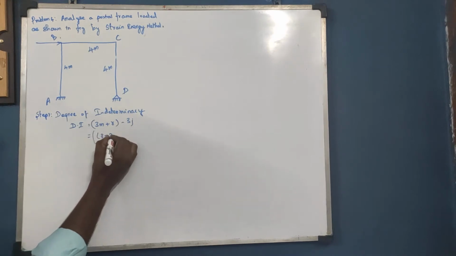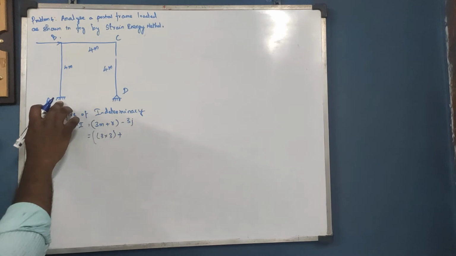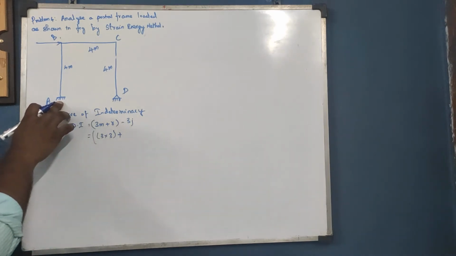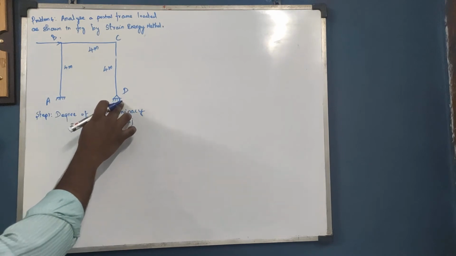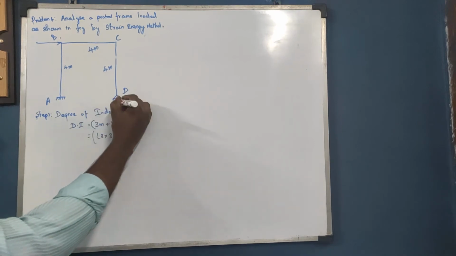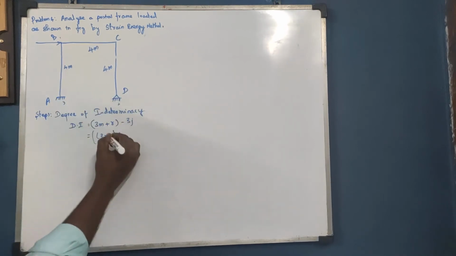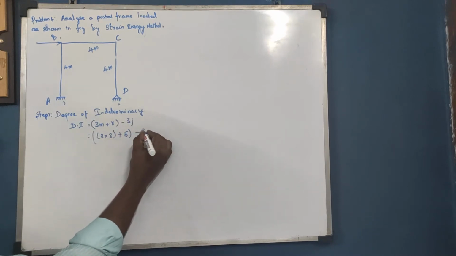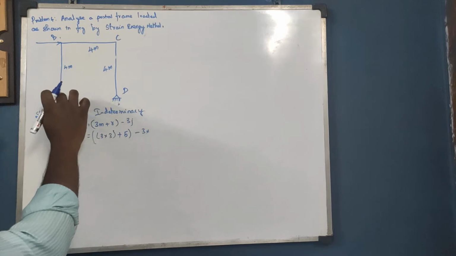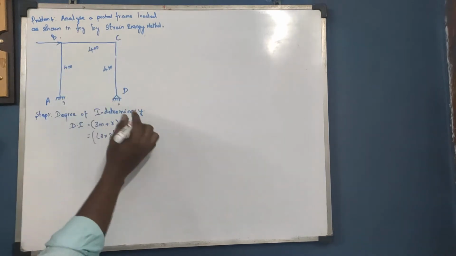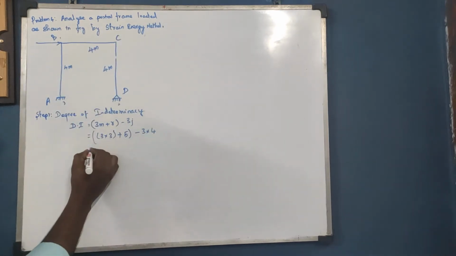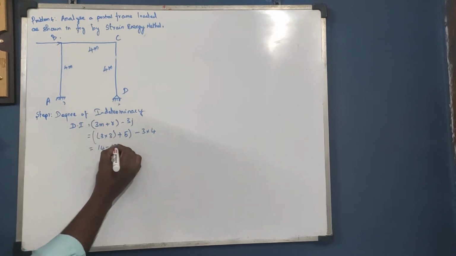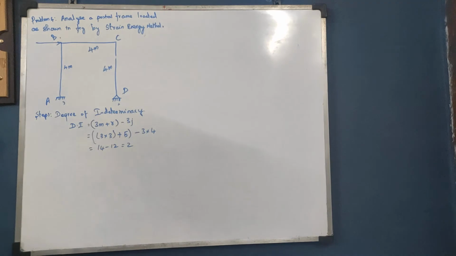3 into 3 plus r. At support A, it is a fixed support. For a fixed support, the number of unknowns is 3. This hinged support has 2 unknowns. So totally we have 5 unknown reactions, minus 3 into 4 joints A, B, C, D. Therefore, 9 plus 5 is 14, minus 12 equals 2.